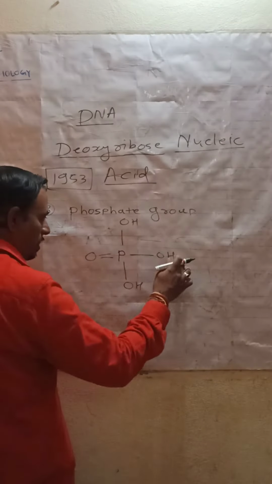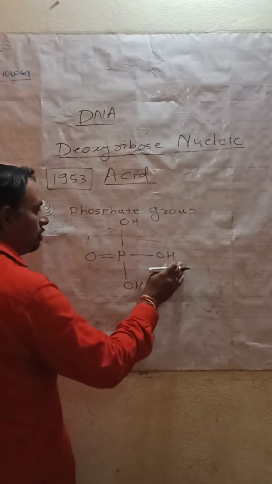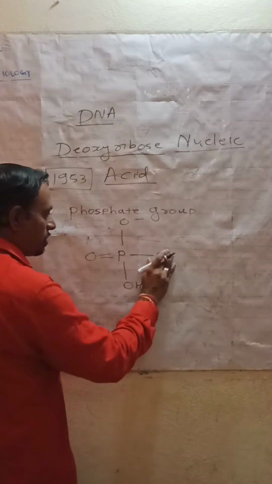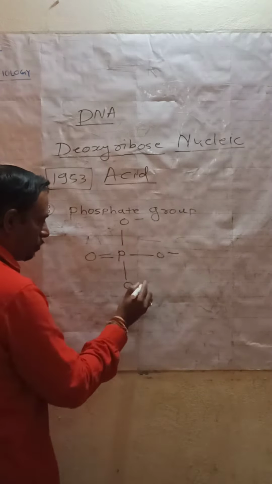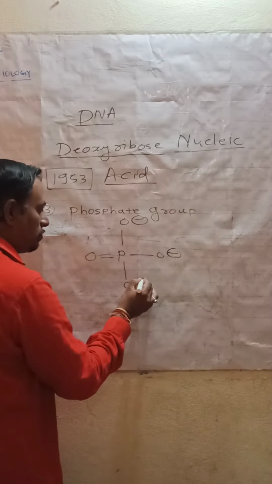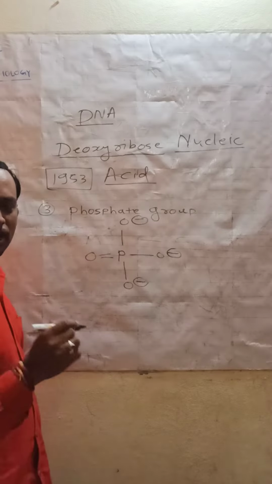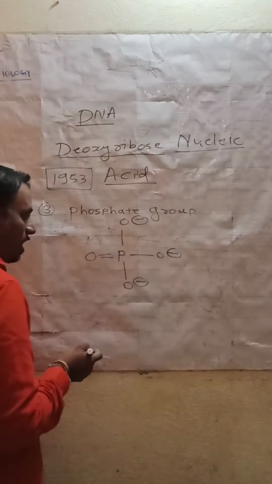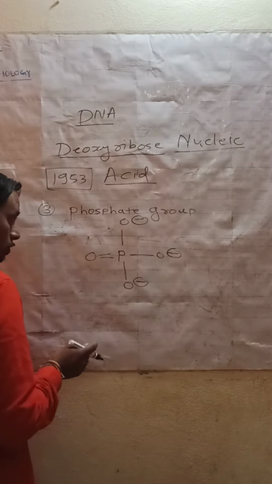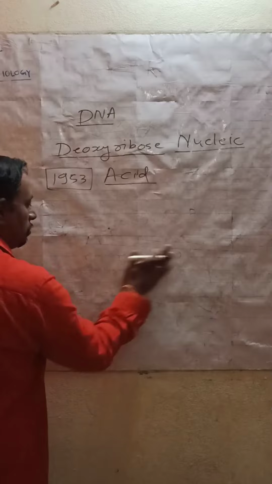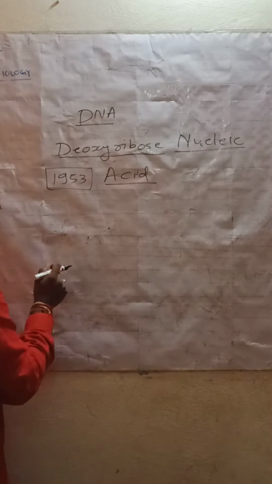Generally these H are absent and the phosphate group carries negative charge. Because of this phosphate group negative charge, the DNA has negative charge and it is hydrophilic in nature also. Okay, so let's see the basic structure of DNA, the double helix, how it appears.